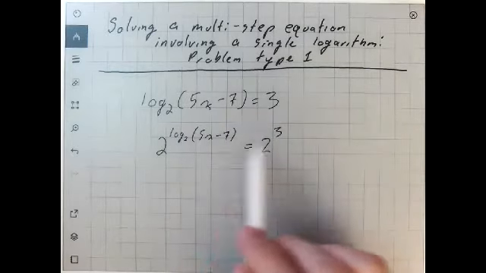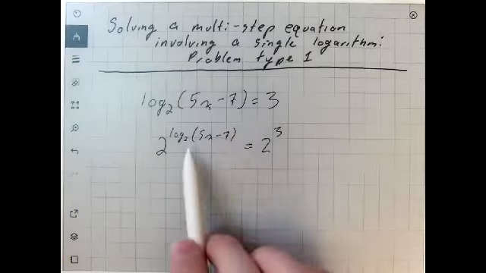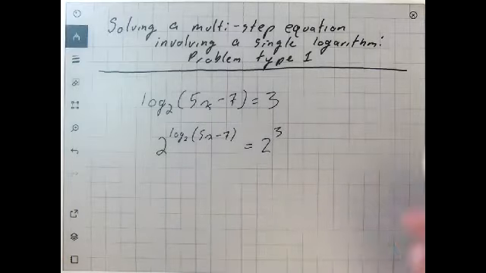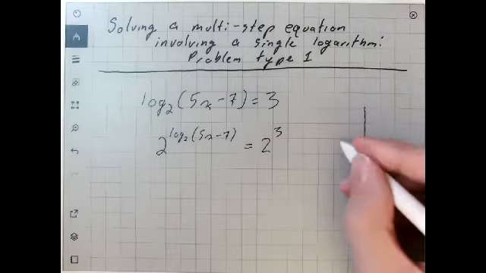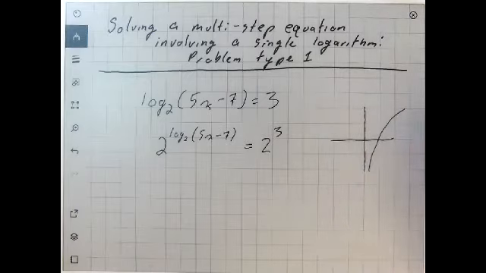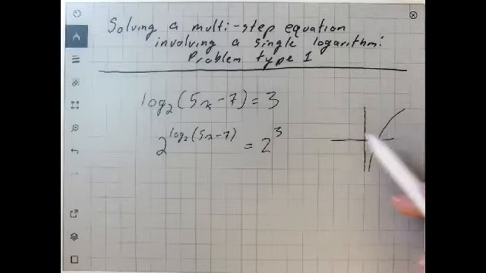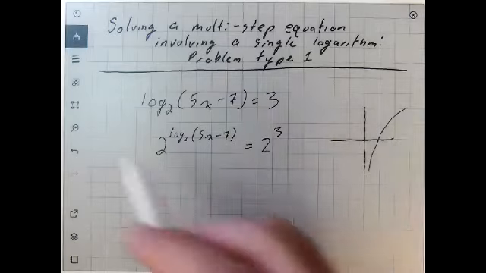Not only by substitution do we know that if these things are equal, these things also must be equal, but we know because the logarithm is monotonic, that is, it's always increasing or always decreasing if you have a fractional base, that for any equation like this, there's going to be exactly one solution.